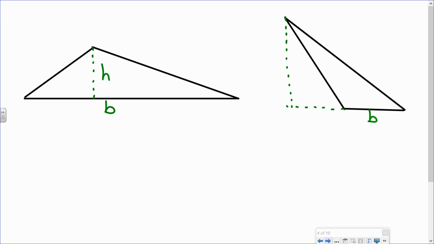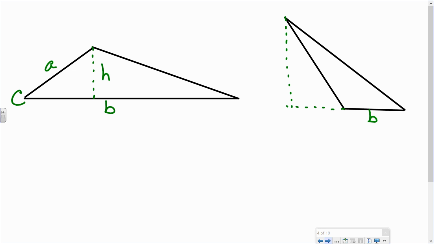So I kind of need to think about, well, what happens if the angle I know is acute, and what happens if the angle I know is obtuse? So this one should be a little bit easier because it's the same idea of what we just did in that last one, but let's label a couple of things. B for base, just to be consistent. I ought to label another side that I know, so I'll call it A. And then I'll say that this is angle C, whatever that comes out to be.